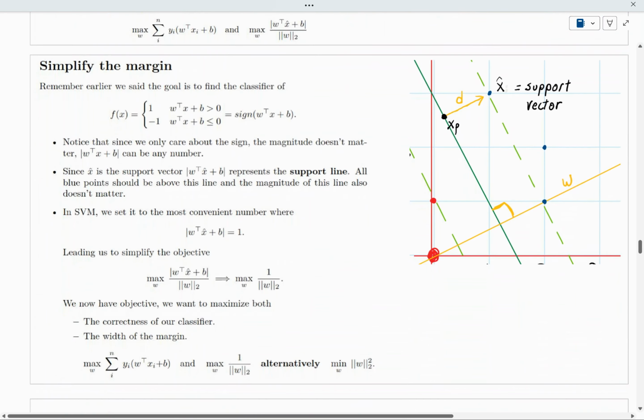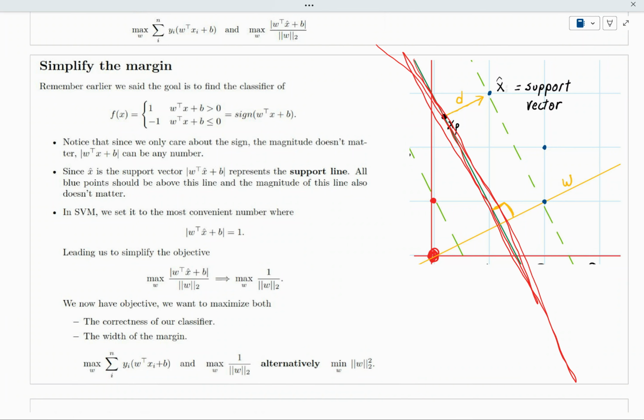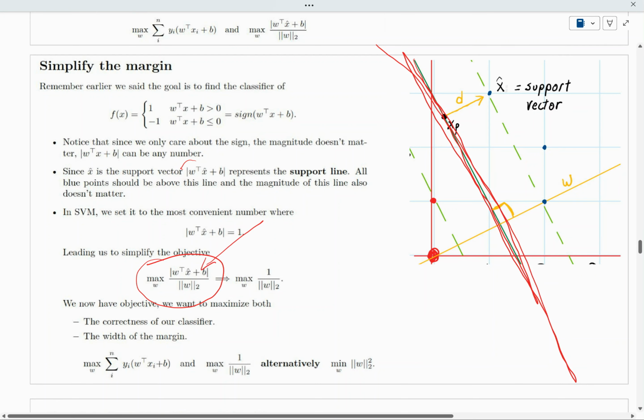Okay. Now, if you remember from the very beginning of the class, I said that if you multiply any constant by a line, you get the exact same line. So if you get the exact same line, it implies that the magnitude of the line doesn't matter. So over here in this maximization, this is the magnitude.